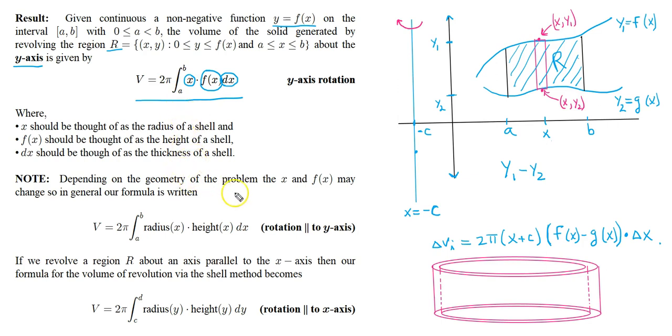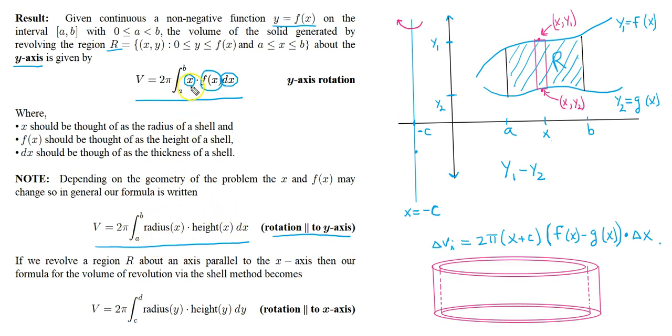Now, depending on the geometry of the problem, the x and the f of x will change depending on the axis of rotation and what your region looks like. So down here we have a more general form for the shell method, and this is for rotation about an axis parallel to the y-axis.